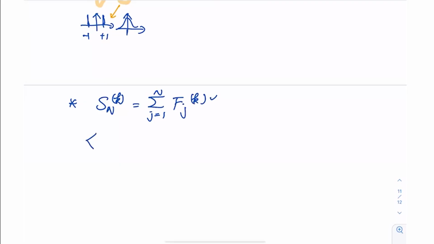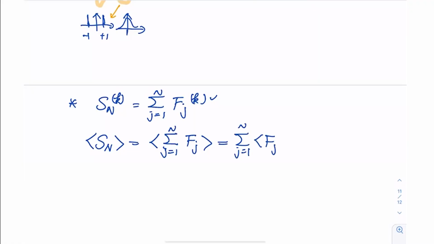So what we want to ask is, what is the statistical property of this sum, like we did in the random walk example. It will be related to the average of these random variables. And because we know the average process is basically a linear operator, we have this.